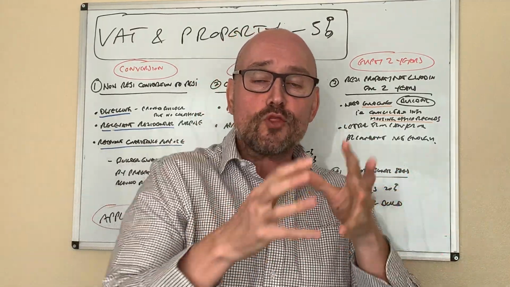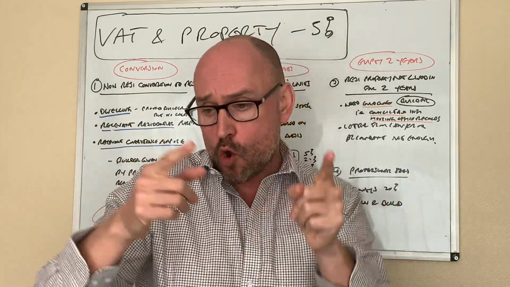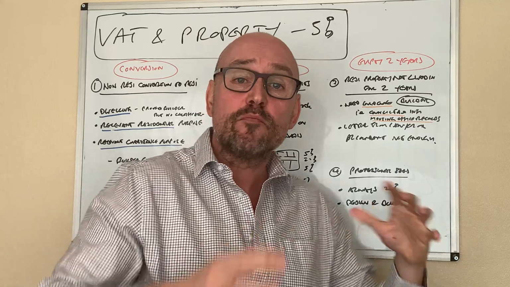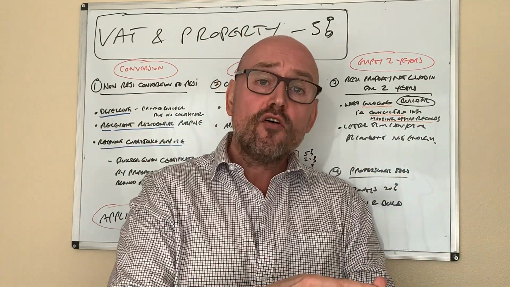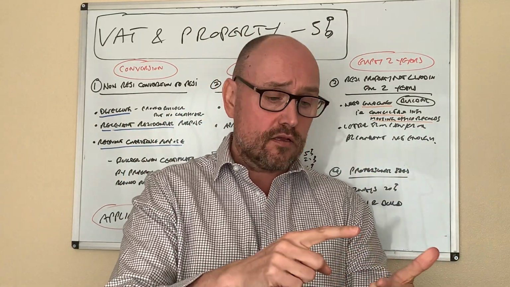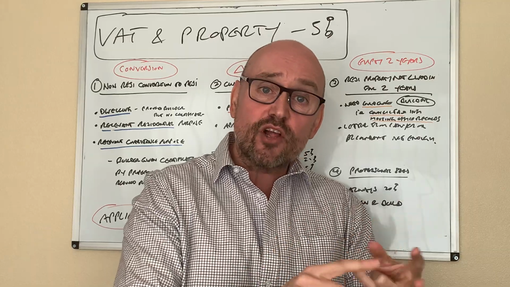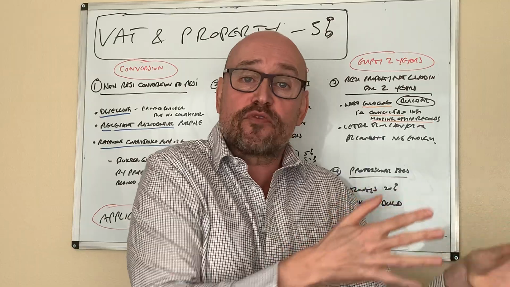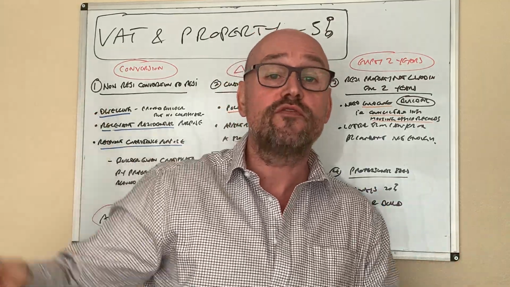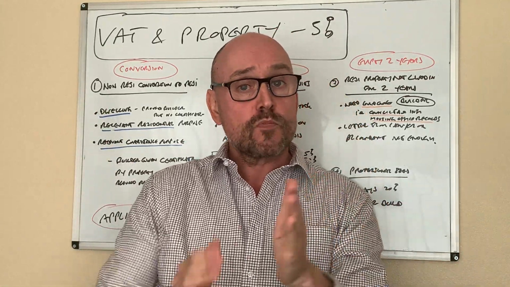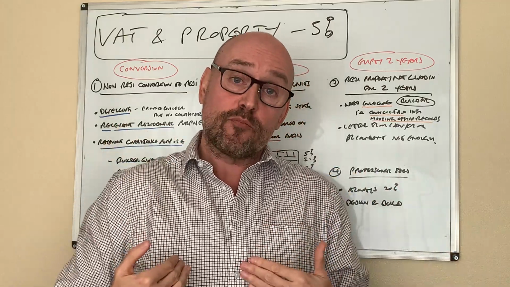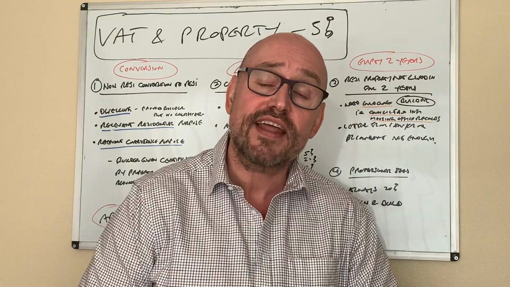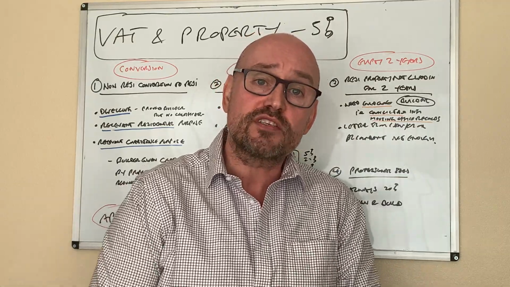So the contractor lumps it in with their invoice. So this design and build contract is for the building, the labour, the materials, and all the services of the professionals, because in effect the professionals have engaged not with the developer but with the builder. And that's how the developer can again have cash flow benefits and not have an invoice with 20%. So everything they get will be at 5%.